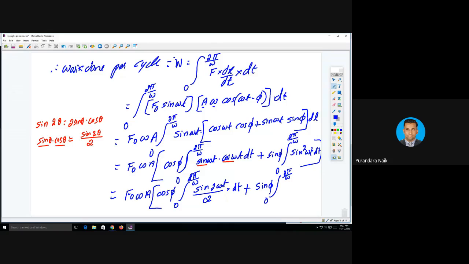Second term, I'm going to do it. Look at this. For the second term, I have cos 2 theta equal to 1 minus 2 sine square theta.